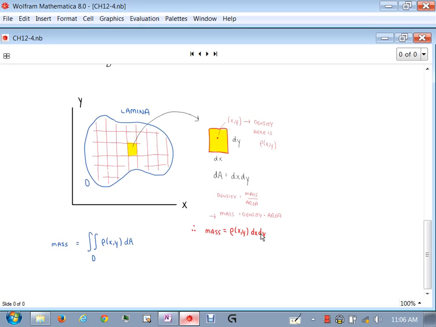What we're really doing is going to every point here and imagining that at that point it has a mass, right? And we measure that mass and give it some height. So if the mass is 2, it's out here. If the mass is 3, it's out here. If the mass is 10, it's out there. Well, if you take all those heights, then that volume is really the mass. So we're assigning a value to the mass at each point. And that'll give us a total mass. All right, I hope that makes sense.